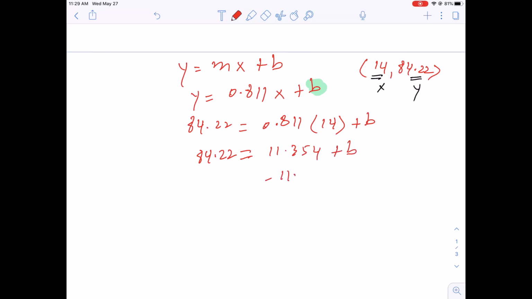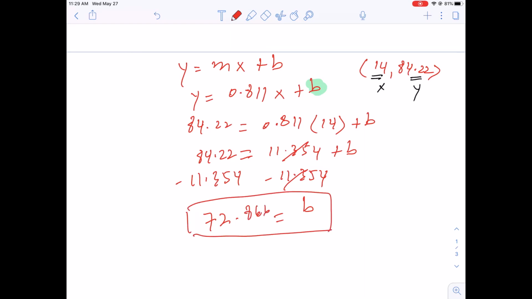We'll take away 11.354 from both sides, so it cancels. 84.22 take away 11.354, we'll be left with 72.866. That's our value of b.